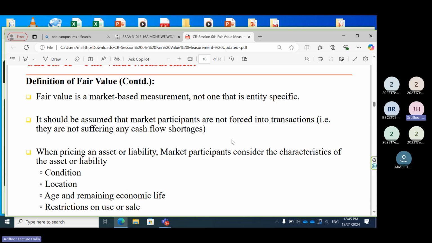Once you are completing your purchase transaction, you thought that you had a 15 feet, maybe 4-meter road. So finally, once you are checking the deed, we are having only a 10 feet road to the land. It means there's a restriction to use this asset.